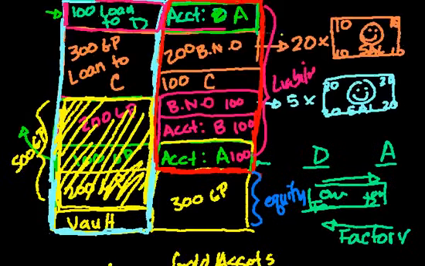And what keeps banks from just issuing more assets and debts to expand the balance sheet is a reserve ratio requirement.